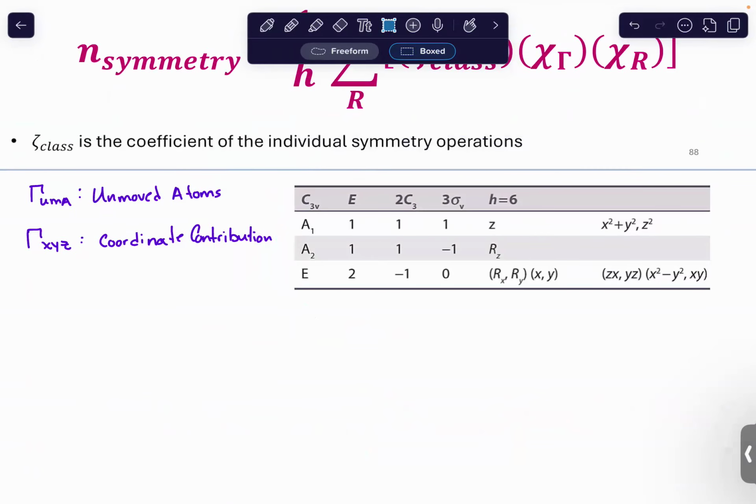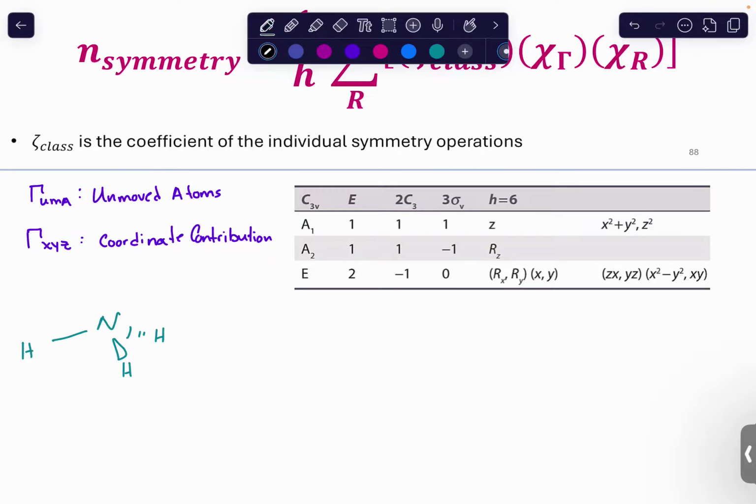Okay, so I'm going to draw my ammonia. And I picked this one just so we could have a little bit of a challenge. You can see how this works before having you do a more straightforward one.